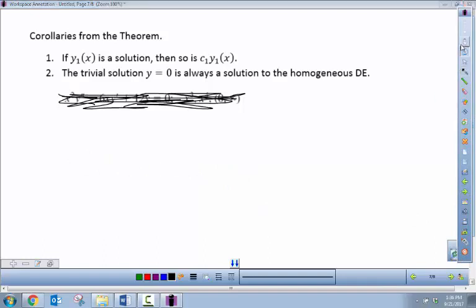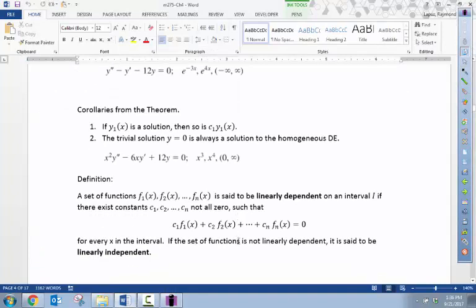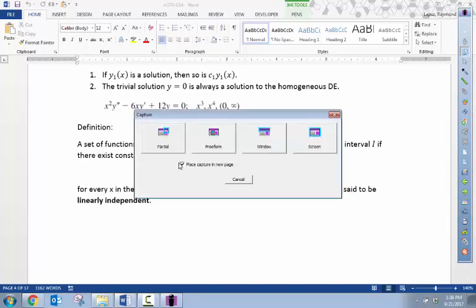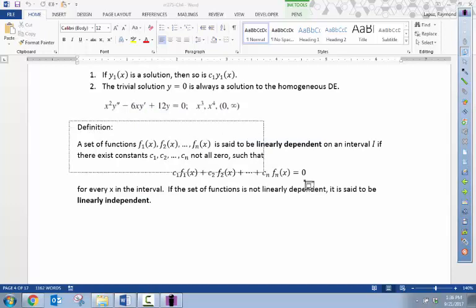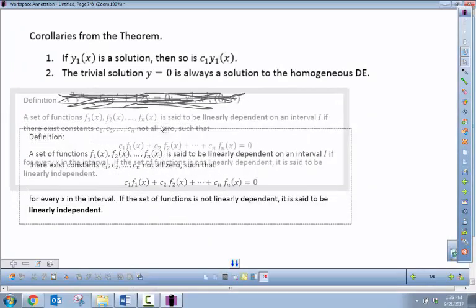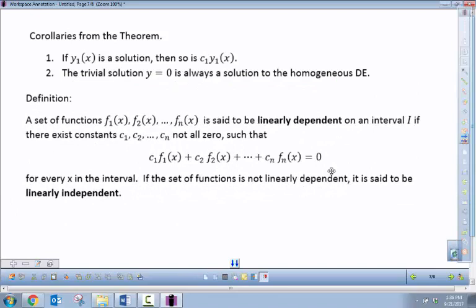All right, we've got more definitions that are kind of linear algebra based. Linearly independent. Have you seen that before? Now it makes more sense that we're talking about linear operators.